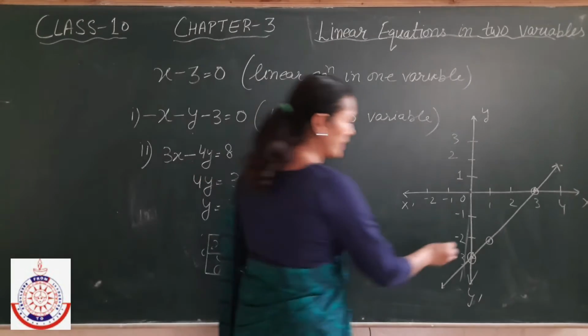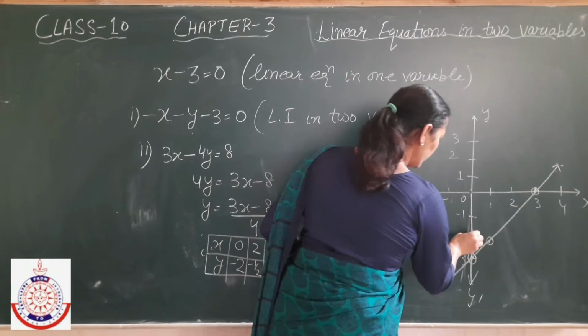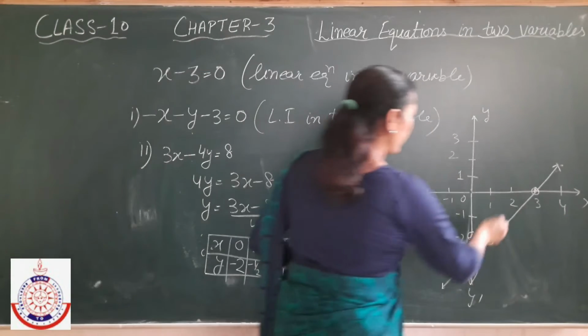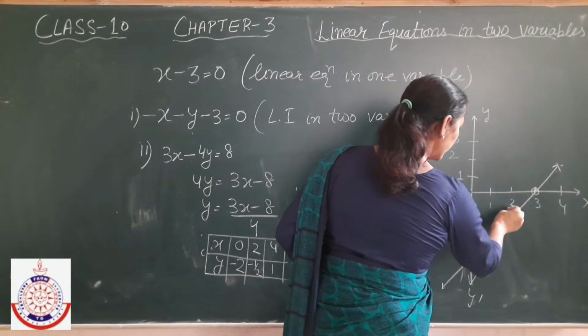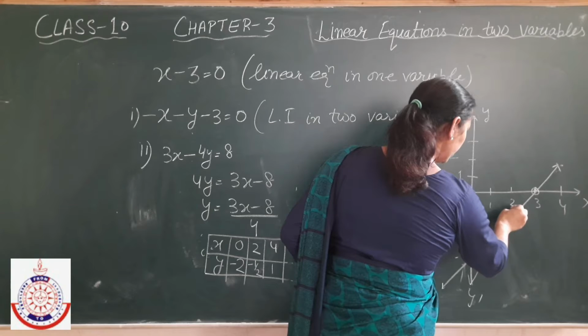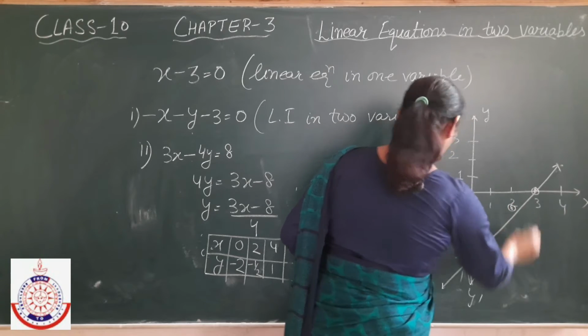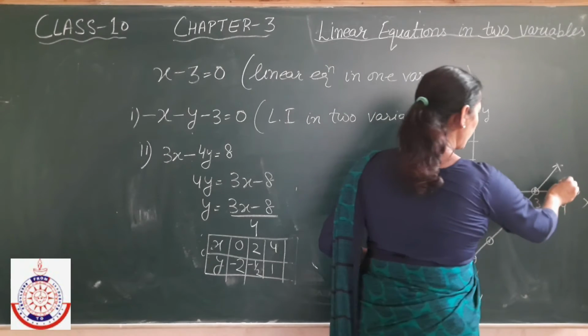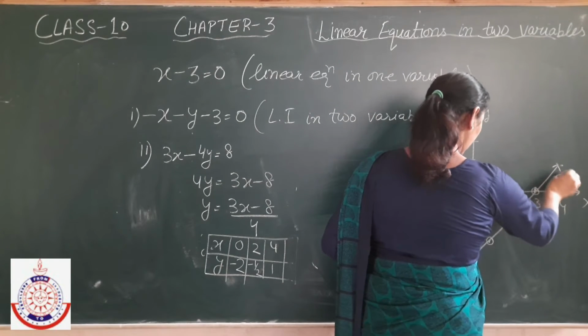x0, y minus 2. x2, y minus half, somewhere here, and x4, y1.